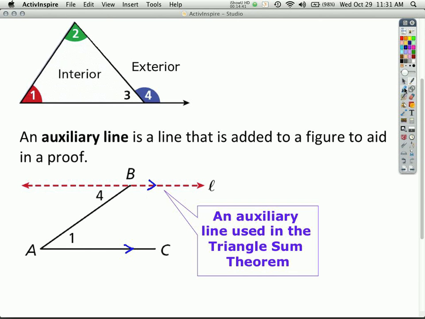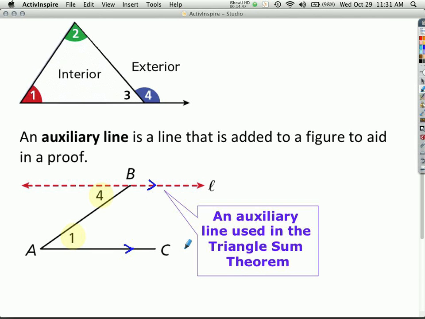So what could we now say about angles 1 and 4? What could you now say about them? Think about it for a moment. Good, we got some light bulbs. John? They're congruent. Why? You are absolutely correct.